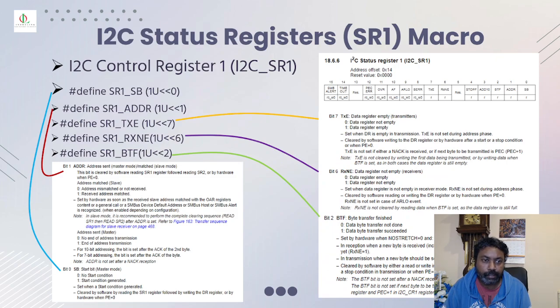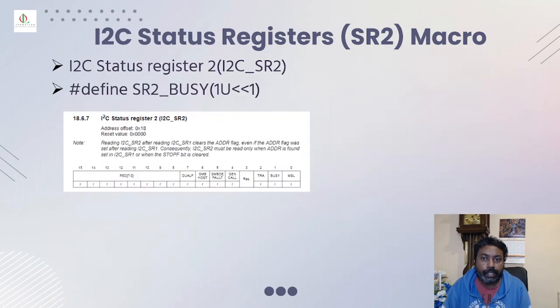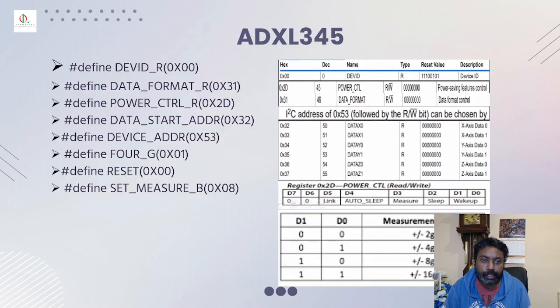And then the SR2 register for the busy status. And then I went through quickly and defined all of this in the other session with the device ID, the data format, the power control, the data start address and the device address, and we are measuring the 4G range.